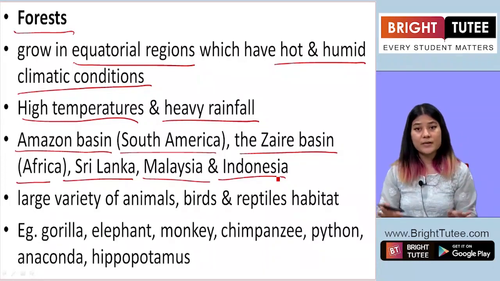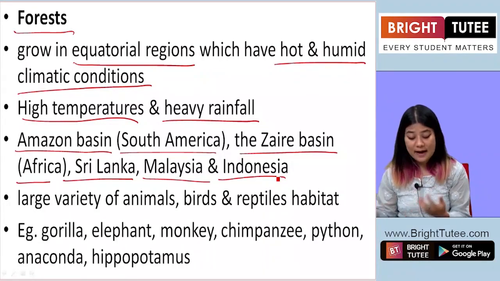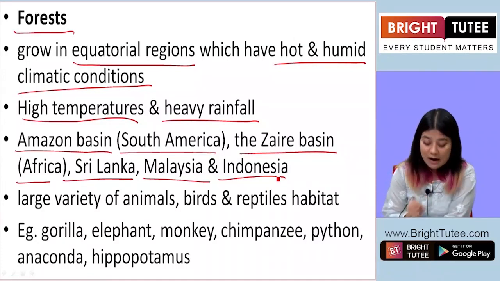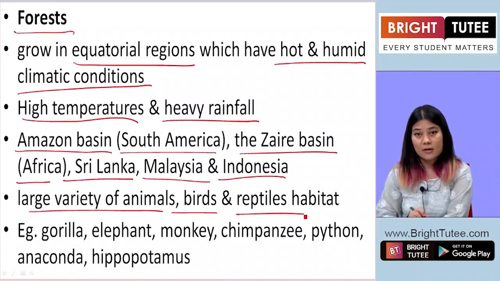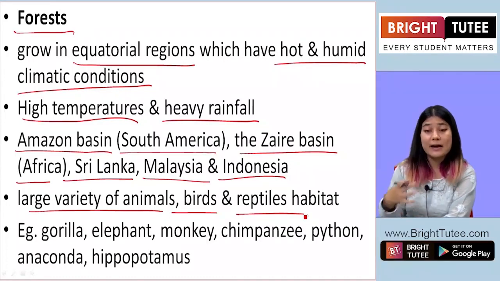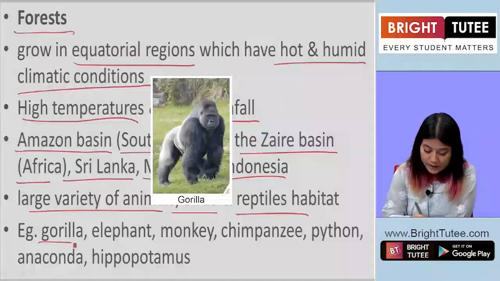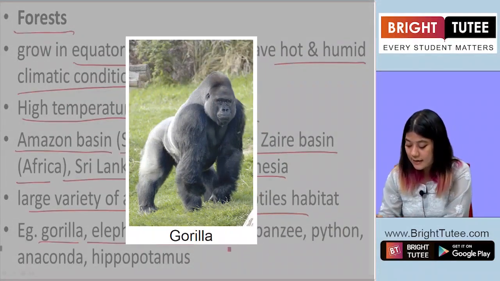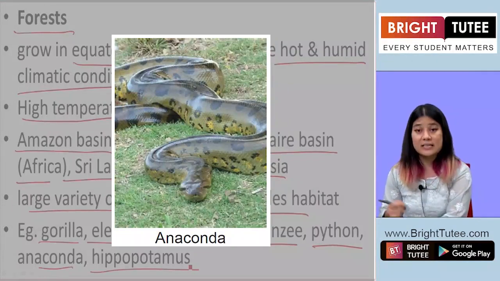Now in this forest we not only find trees, different kinds of plants, but we also find large varieties of animals, birds, reptiles. Alright, so they all live and thrive in those forests. Other animals which we find here are gorilla, elephant, monkeys, chimpanzees, python, anaconda, hippopotamus, etc.